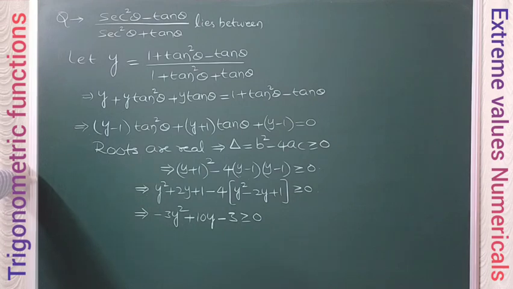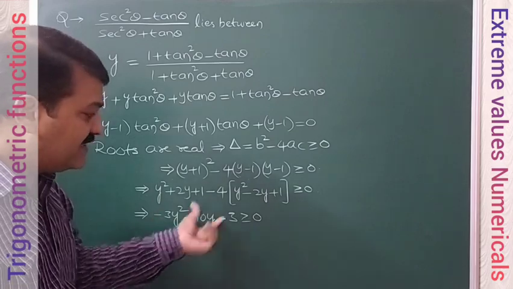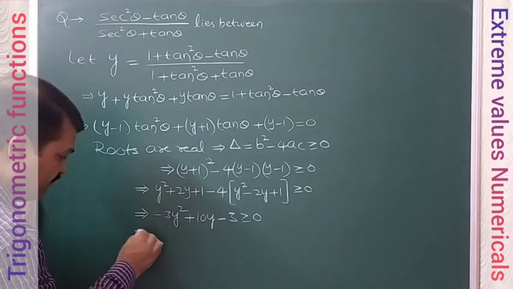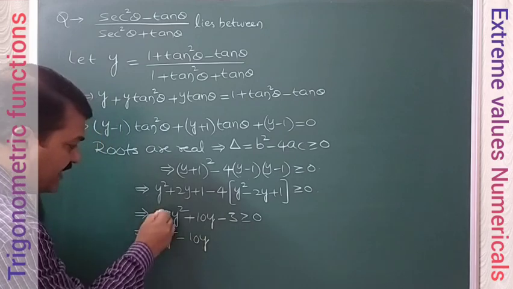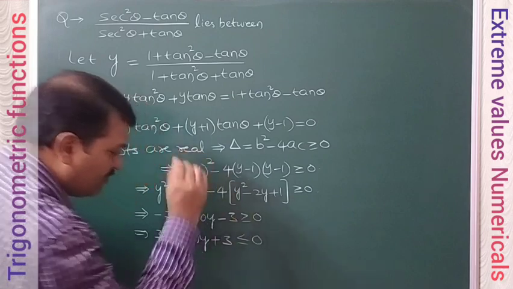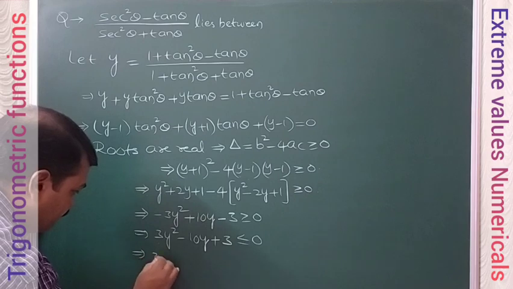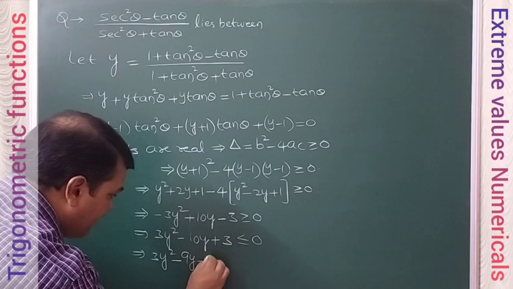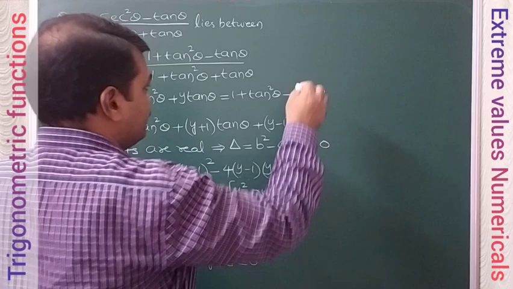Okay, so now I want this quadratic term to be positive always. So I will multiply this with minus. If I multiply with minus, the inequality will change. So we get 3y square minus 10y plus 3, and the inequality changes when you multiply with minus. Now I will factorize this one. 3y square minus 9y minus y plus 3 less than or equal to 0.